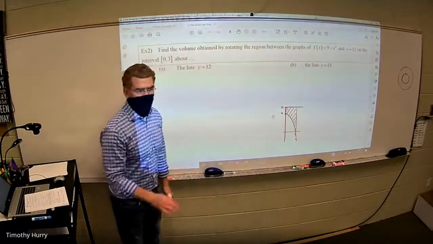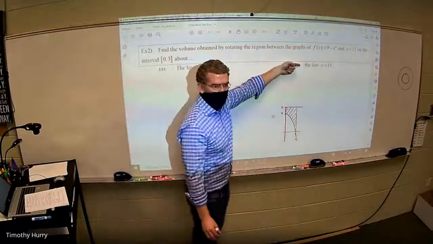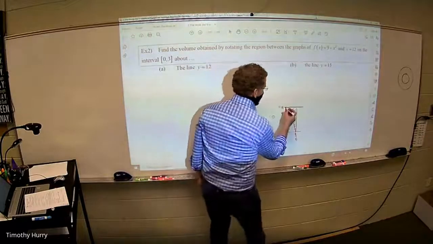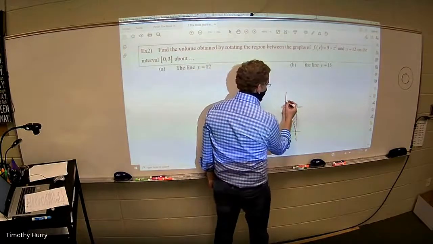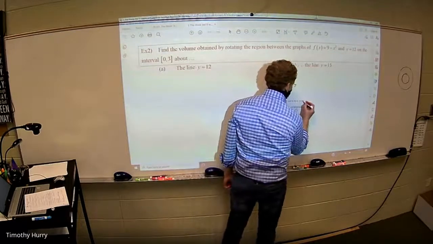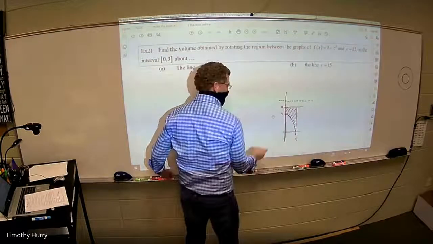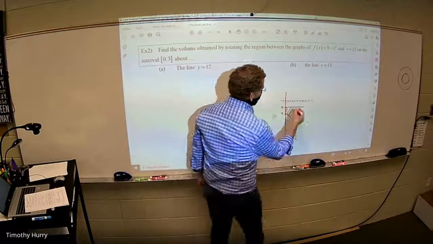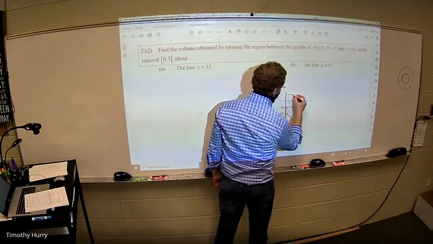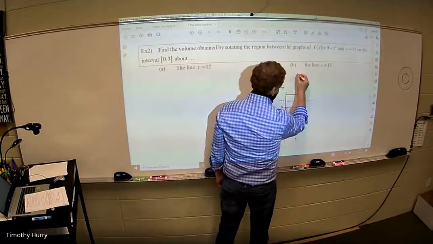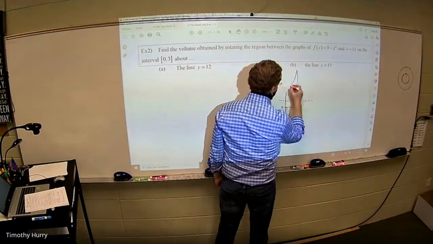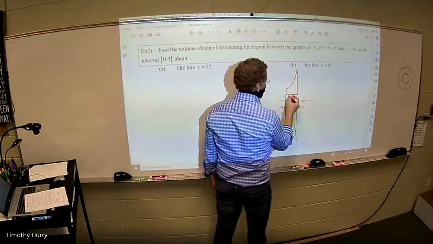What am I rotating it about though? y equals 15. So here is y equals 15. So technically, here's what I'm doing. I'm taking this region and I'm rotating it about that line. And that's going to give me this region, isn't it?